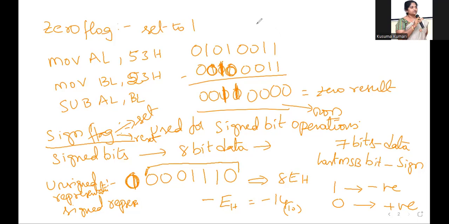So we discussed the carry flag, auxiliary carry flag, parity flag, zero flag, and sign flag. Next one is the overflow flag. The overflow flag is also used for signed bit operations.